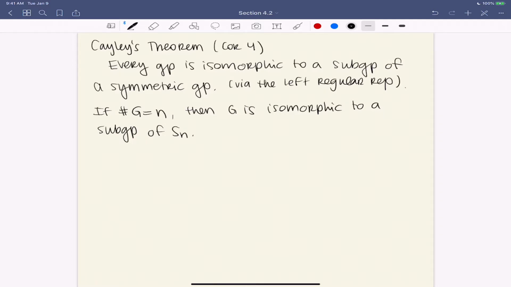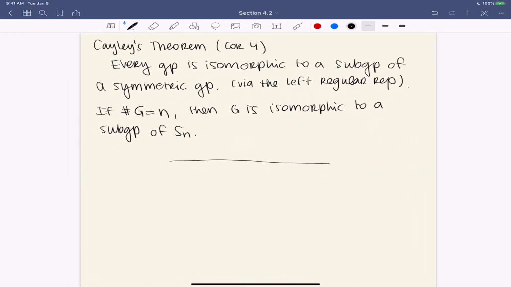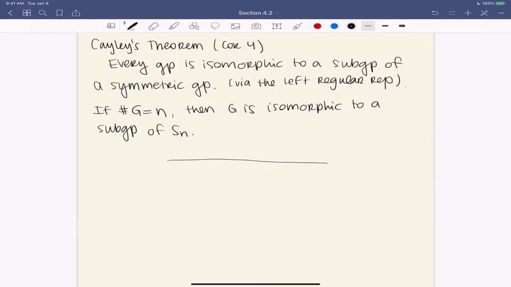Now, a very important result that comes up all the time in qualifying exams is corollary 5. It's so important, I'll just make a line and take a little bit of time so you have time to really ready yourself for this. This is a mere corollary, but so useful.